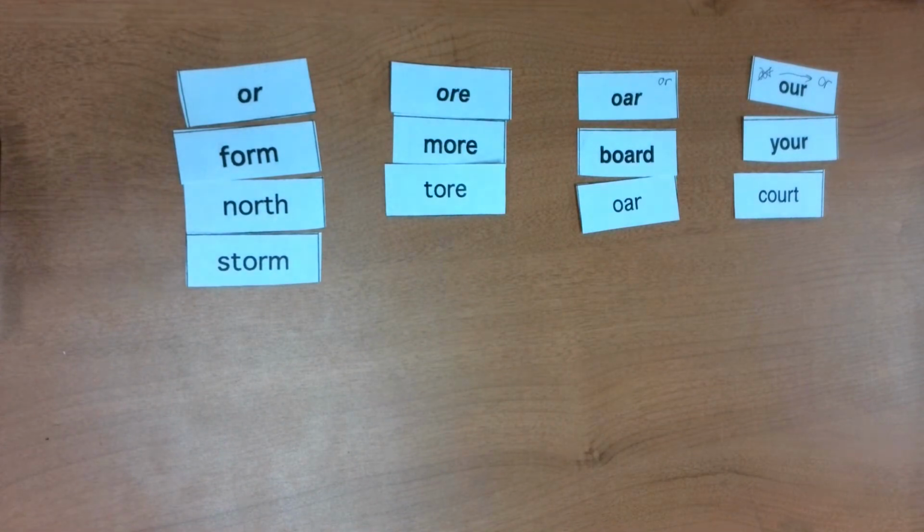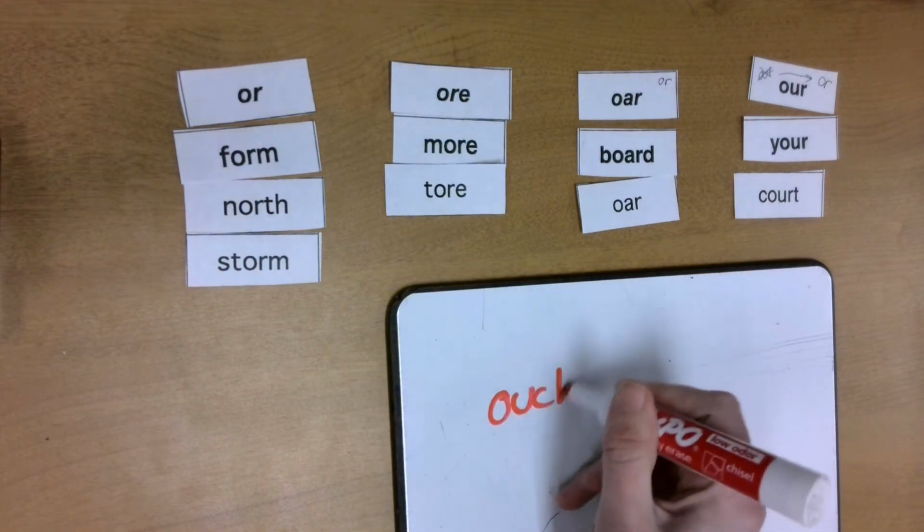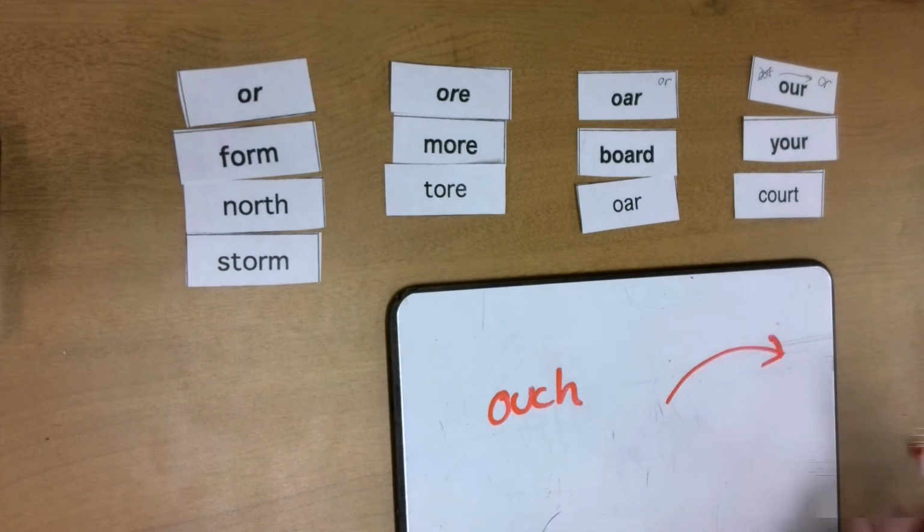My next word is sore, and it's the same idea right there. This is sore, like I have an ouchie, okay? Ouch, it's sore. Versus I'm flying through the air, kind of a soar right there. Two different spellings.